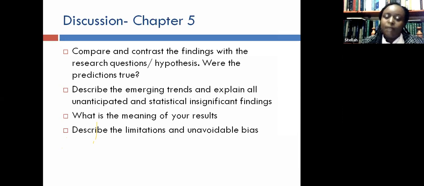If you had four of them, you have to discuss each hypothesis. At the end of it all, you see if you're accepting or rejecting at the particular confidence level. From there, you can say whether your predictions were true, based on whether you're accepting or rejecting the null hypothesis.